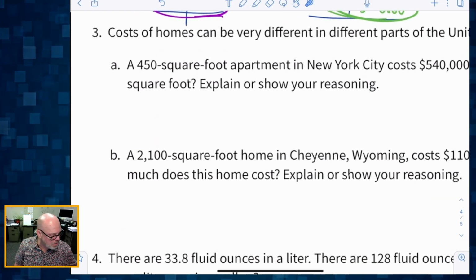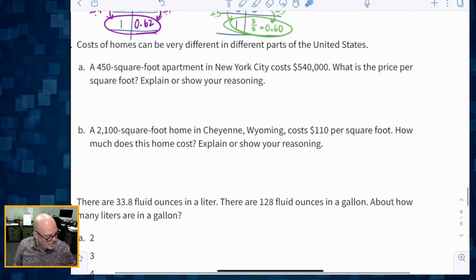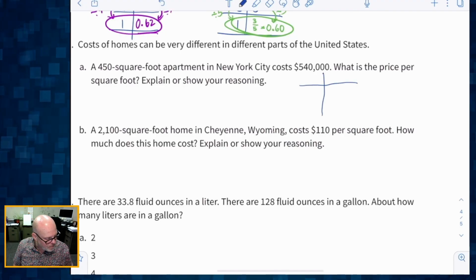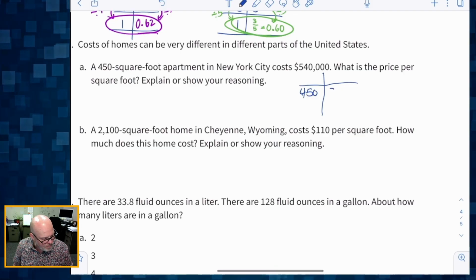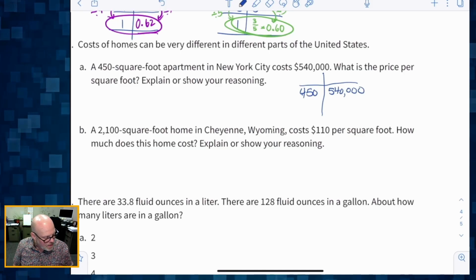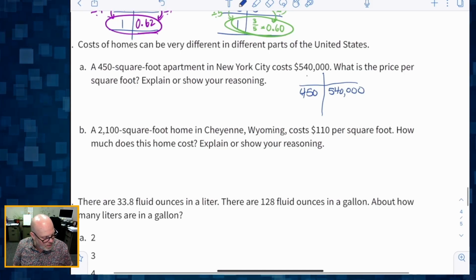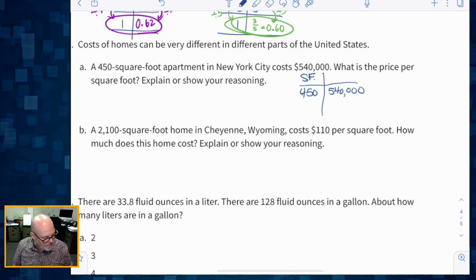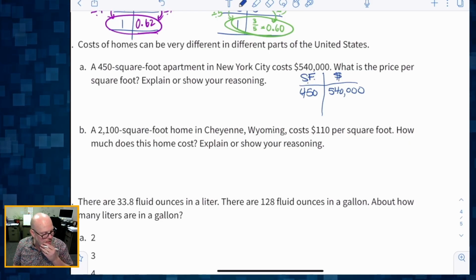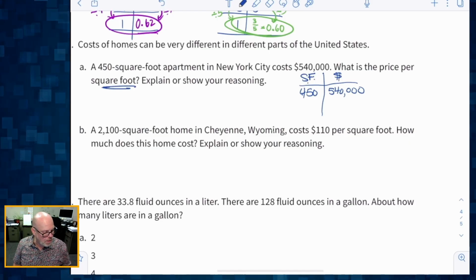Okay, so let's start with A. We've got a table, and we're going to put 450 right here, and we're going to put 540,000 right here. So this is square feet, SF, and then this is money right here. And I want to know, what is the price per square foot?